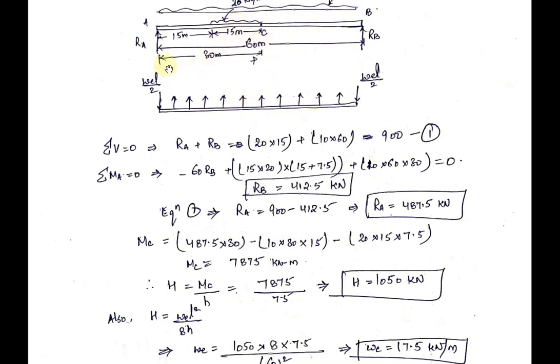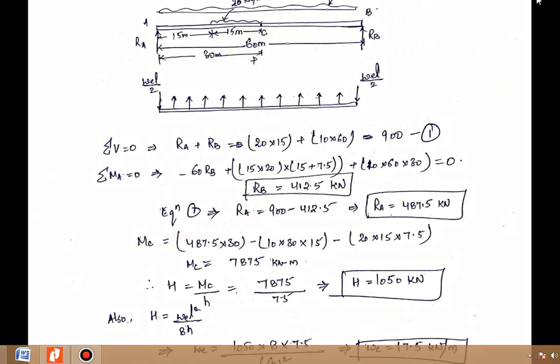See, if you want to find out the bending moment at C, you will have to use the following sign convention. Sagging bending moment will be taken as positive, and hogging bending moment will be taken as negative. So now we have taken the left part of C point.